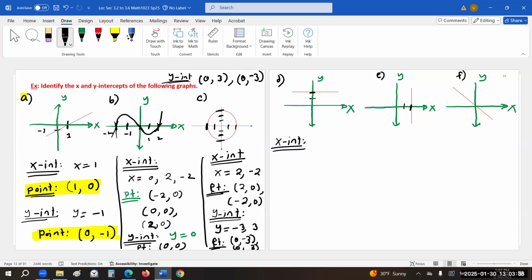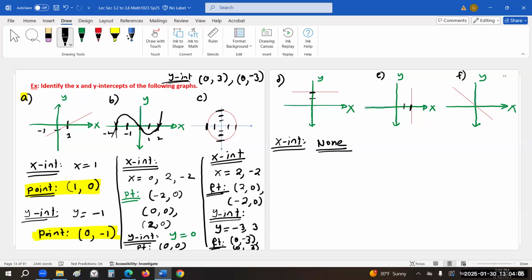Do you have the graph here? So can it be 0? See, our graph is way above our x-axis. Since we are not crossing the x-axis, how can we have x-intercept? So we don't have any x-intercept.